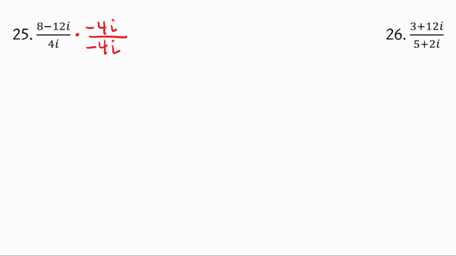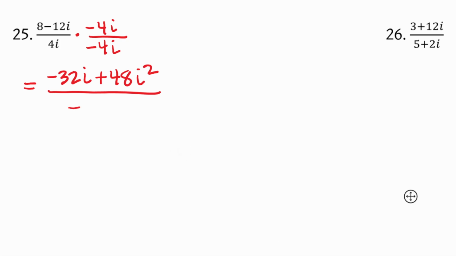Okay, so I'm going to actually multiply these out, and so 8 times negative 4 would be negative 32i. Negative 12 times negative 4 is positive 48, and then there's two powers of i. And divided by 4i times negative 4i is negative 16i squared.